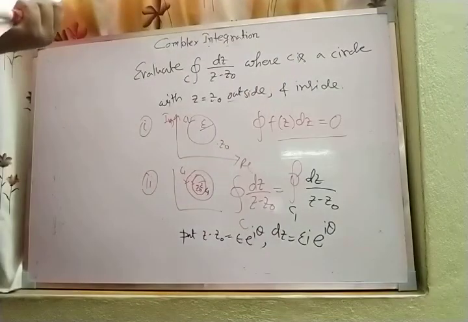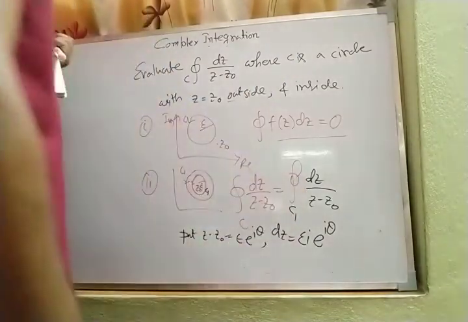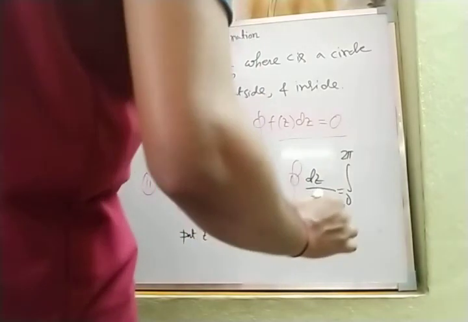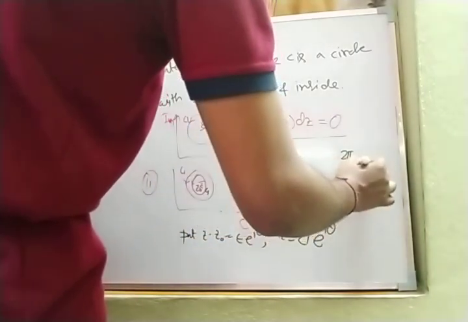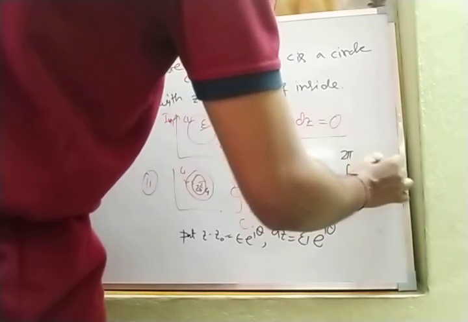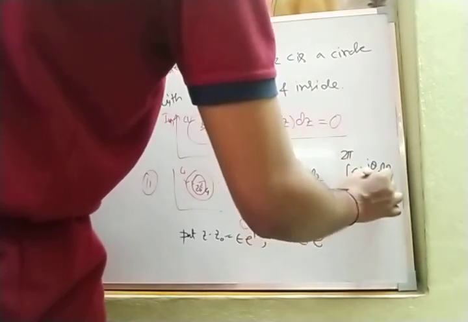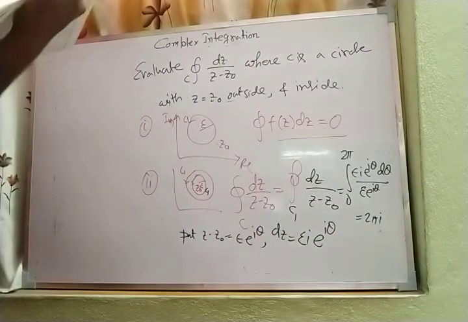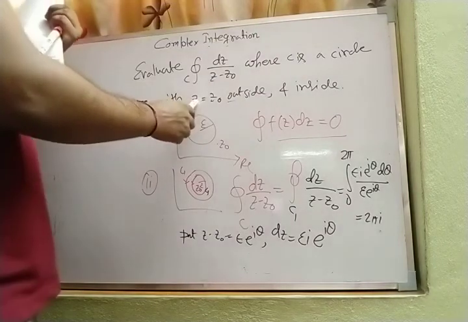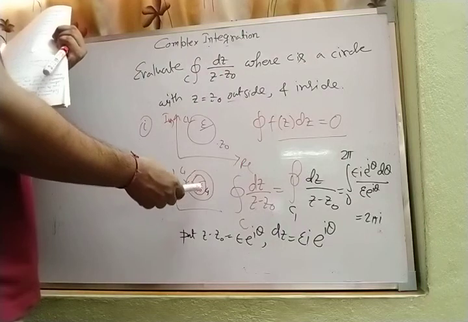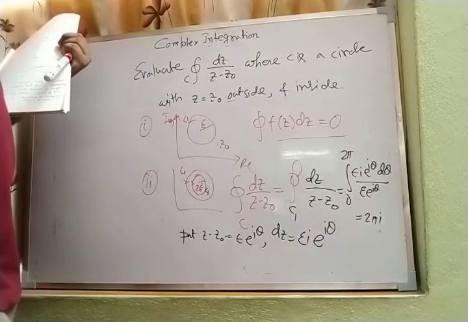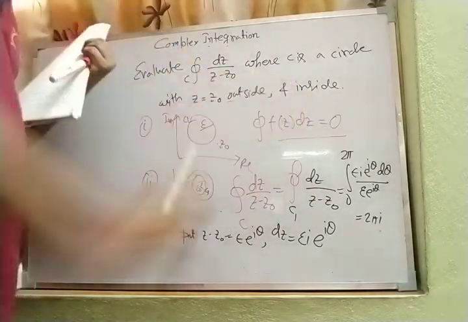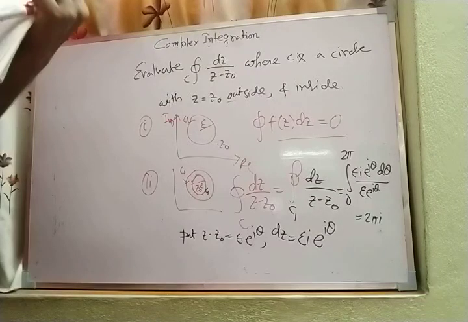Now putting this value into the above integration, we can easily see this is from 0 to 2 pi, and the above part epsilon I e to the power I theta d theta over epsilon e to the power I theta gives 2 pi I. So when the point z equals to z0 is inside the curve, we have to draw a circle. Okay, then we have to find it out this way. If the point is outside, then it is easily 0 from Cauchy's integral theorem. Okay.